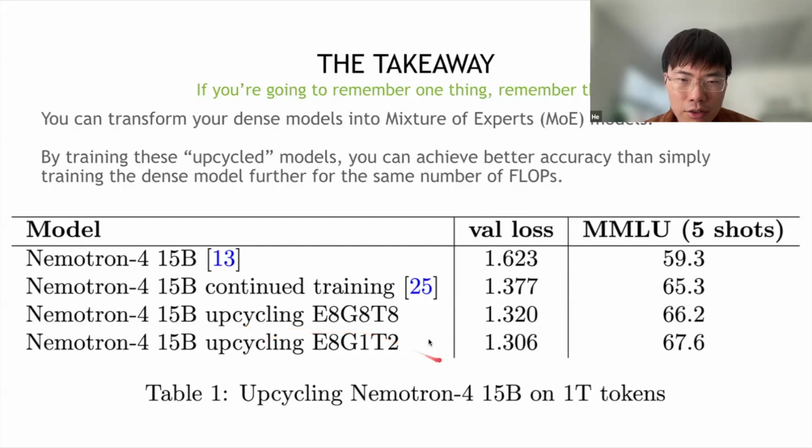Here are two variants, which I'll explain later, but they both improve the MMLU and the validation loss by roughly 4 to 5%. Wow, that's a big jump, and it's on the same amount, 1 trillion tokens for all of these continued training runs. Yes.